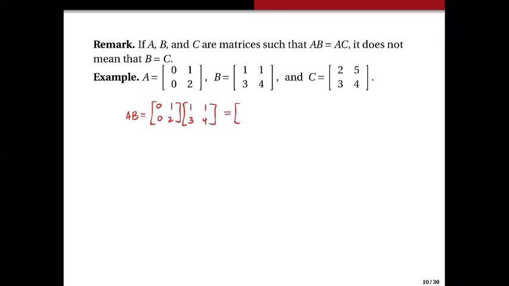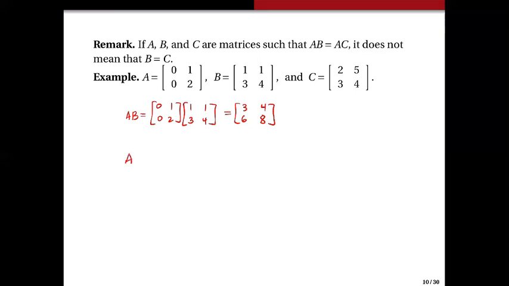So 0 times 1 is 0. 1 times 3 is 3. Then 0 times 1 is 0. 1 times 4 is 4. Then 0 times 1 is 0. 2 times 3 is 6. And here you will get 8. So this is your AB.